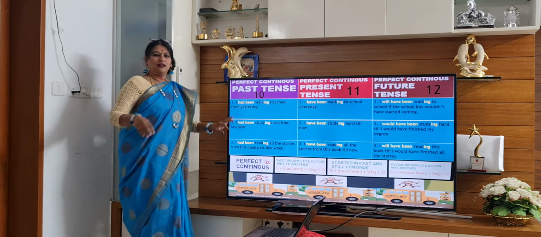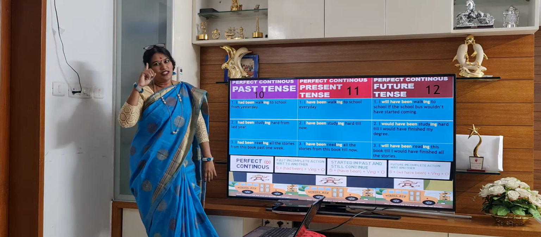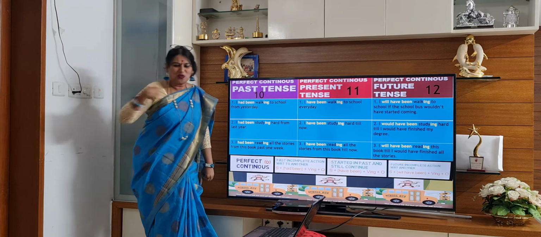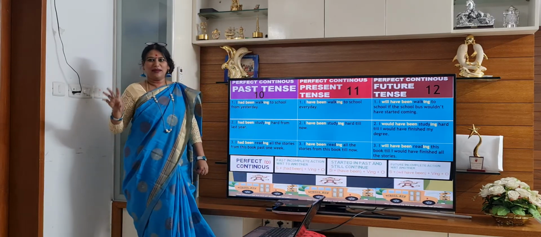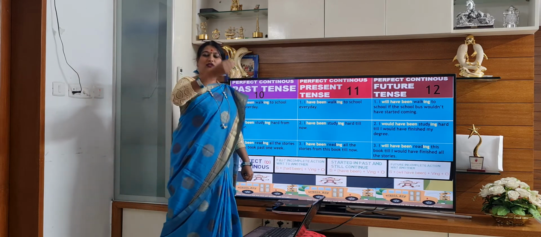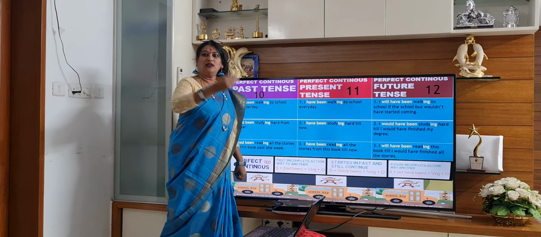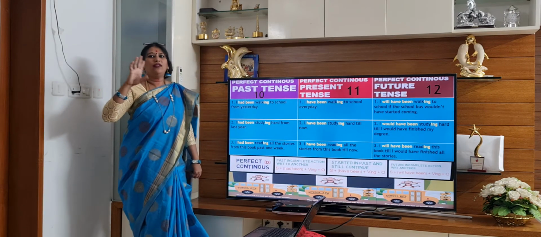V1 ing. See here, perfect continuous means verb's first form with ing, throughout the wheel. Got it, dear? Throughout, it's going to remain the same. Past, present and future, which verb are you going to use? Only V1 and ing.